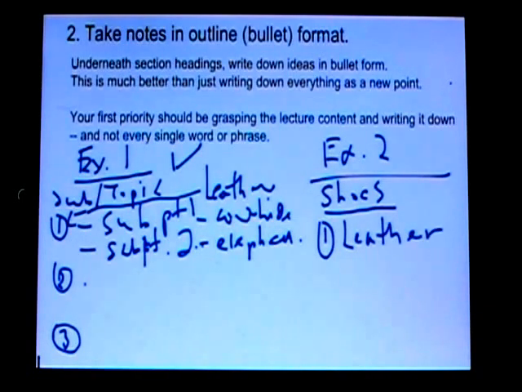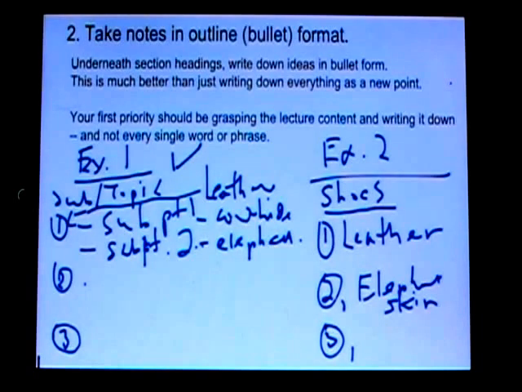Under leather, instead of writing elephant hide or cowhide as subpoints to leather, you instead put elephant skin and then cow skin as points. Then this is incorrect.